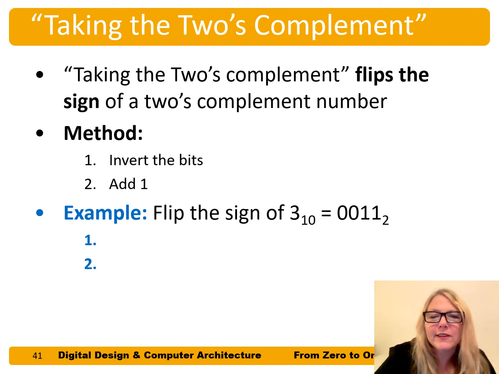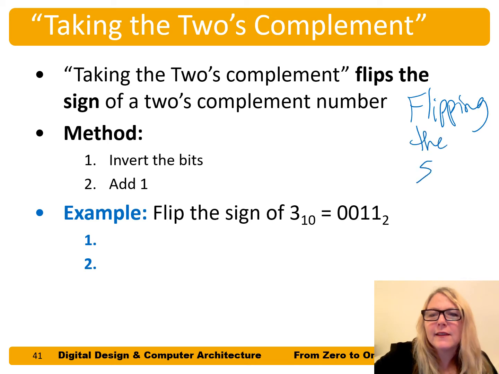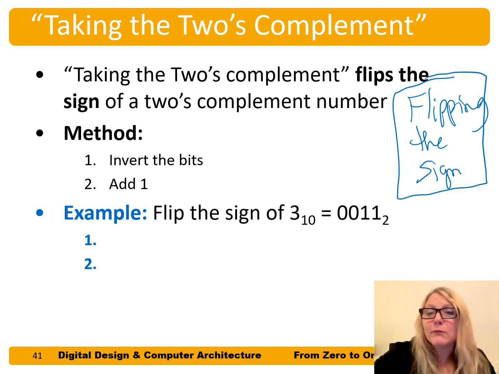So let's talk about this method of taking the 2's complement. I want you to replace this term, taking the 2's complement, with flipping the sign. Let's call this the flipping the sign method instead of taking the 2's complement. The flipping the sign method just makes a positive 2's complement number negative, or a negative 2's complement number positive.